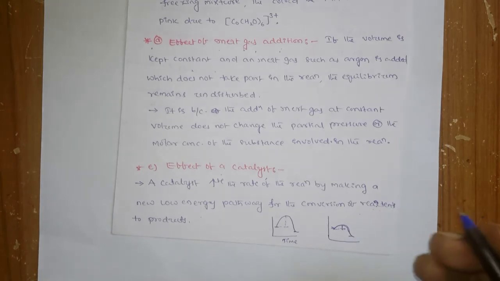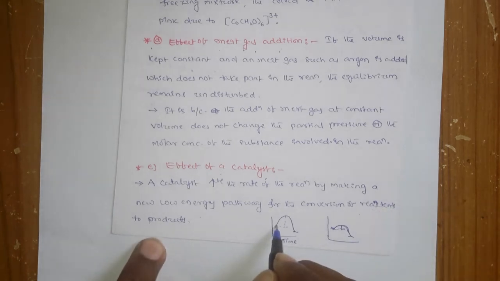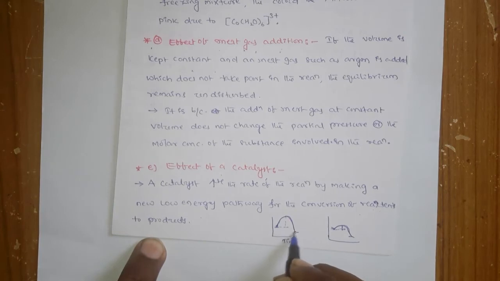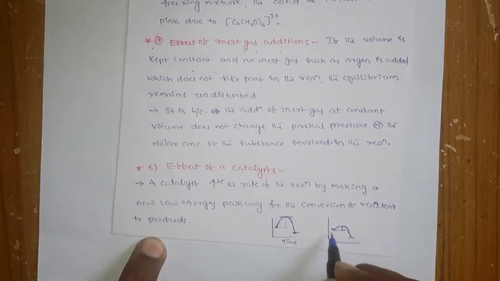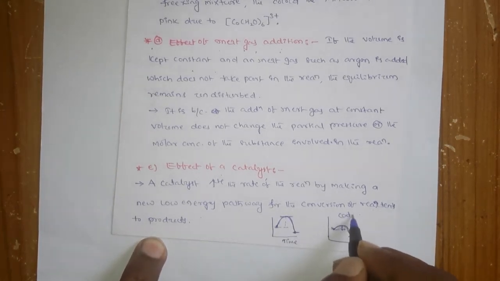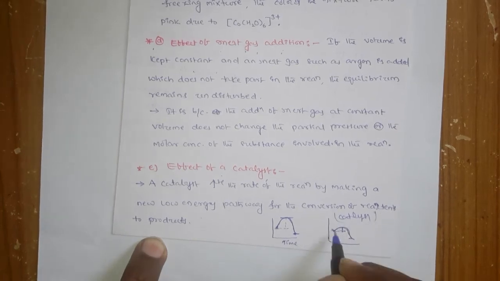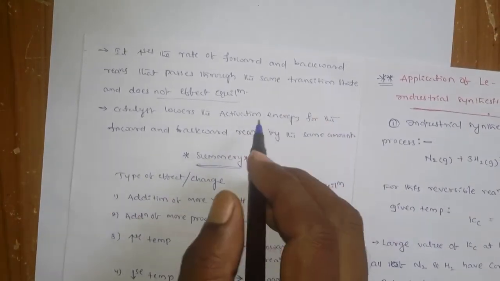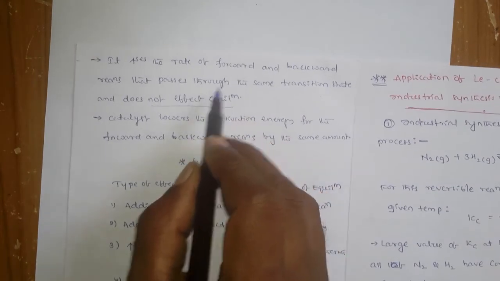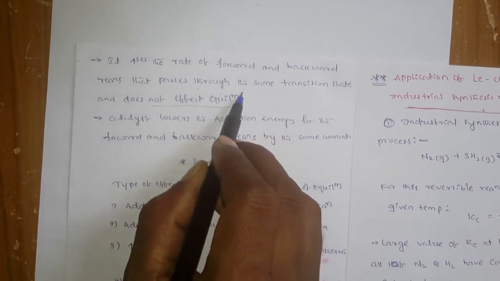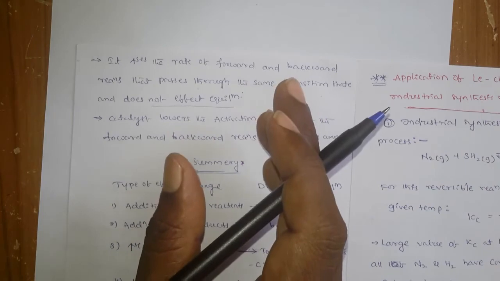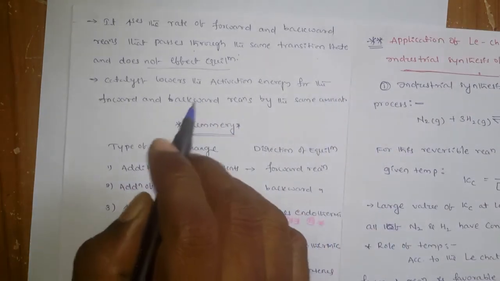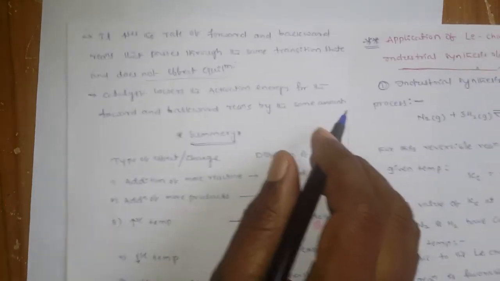Earlier, the reactants converted through a transition state, but now, in the presence of a catalyst, it takes a new path and converts into the product. It will affect the rate of a reaction, but it doesn't show any effect on the equilibrium.